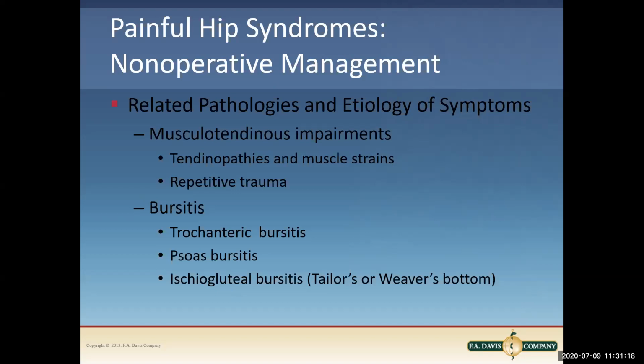But ischiogluteal bursitis, problems with the ischium, causing the gluteal muscles to get inflamed. Makes sense. Some of you probably have had ischiogluteal bursitis before and never known it. Does anyone here ride motorcycles? I can't remember if we have any motorcycle riders or not. I don't think we do. I think I might be the only one.